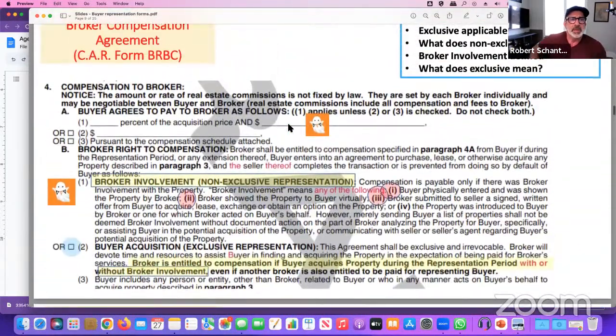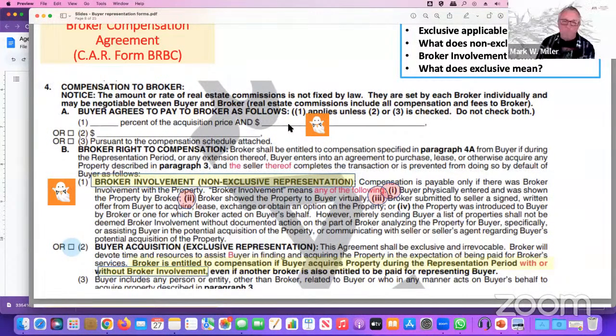Okay, section 4B, broker right to compensation. This identifies how the broker will be entitled to the compensation, and it's basically called broker involvement. And the great thing about the updated BRBC is it defaults to non-exclusive, compared to the original BRE where it was exclusive.